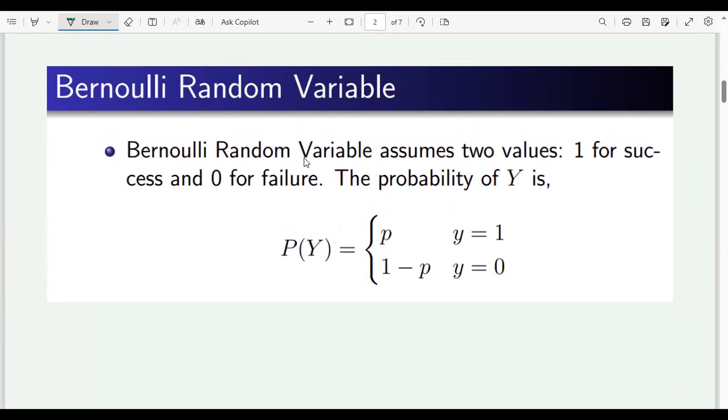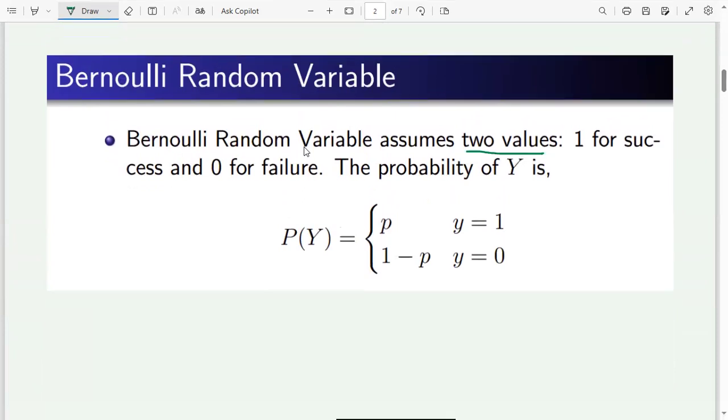It's a random variable which only assumes two values, 1 and 0. 1 represents the success and 0 the failure. The probability of y, where y is a variable which shows 1 if we get a success and 0 if it's a failure.